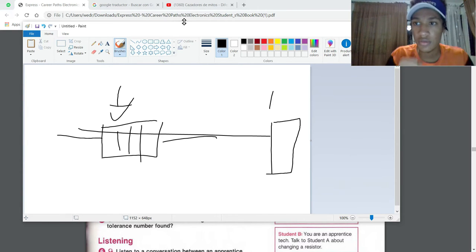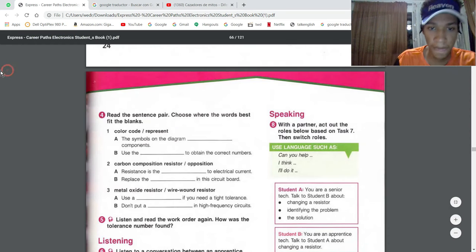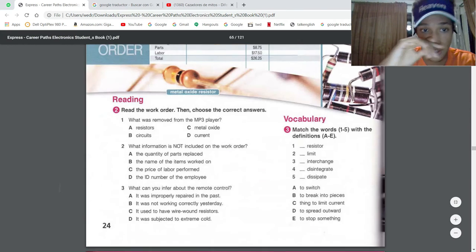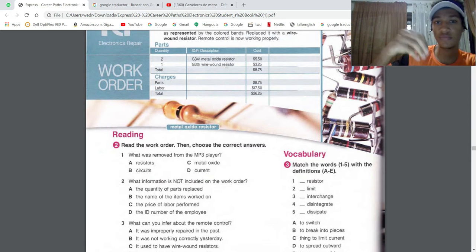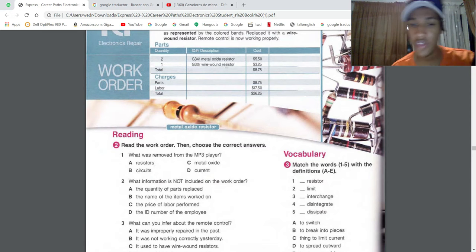When you run under the water, you can't run as fast, because it's the same. The resistor is very important because in a circuit you have to put different voltage on different devices.